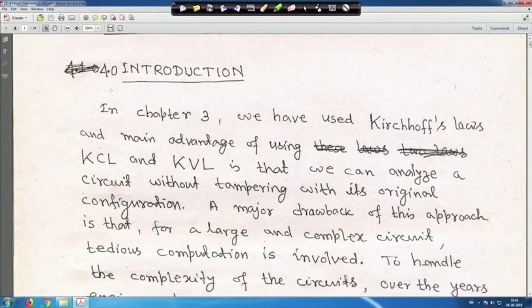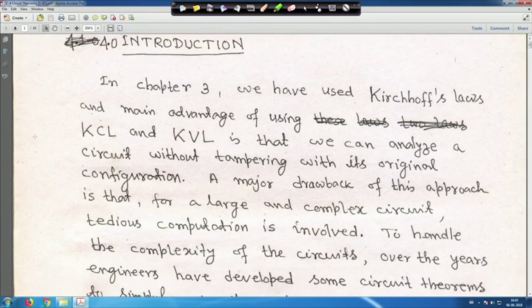In chapter 3 we have seen that sometimes we used KCL and KVL for circuit analysis, without tampering with the original configuration.